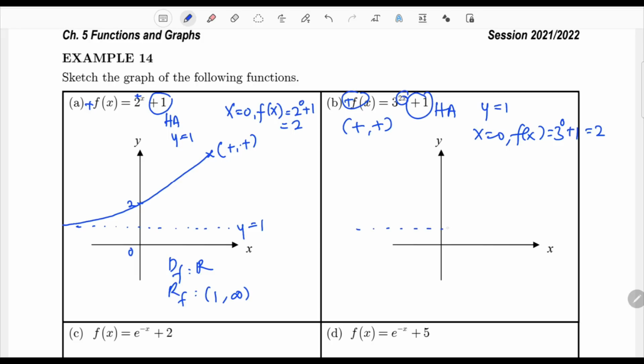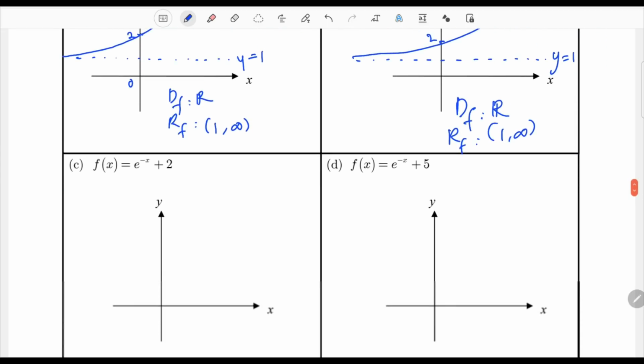Find your asymptote, whatever it is, you have to draw your asymptote first, which is here, y equals 1. So get the value of 2 here, and again you get the same shape. Do it nicely. This is your graph. So this is 2. Again, the domain will be real numbers, and the range will be (1, infinity).